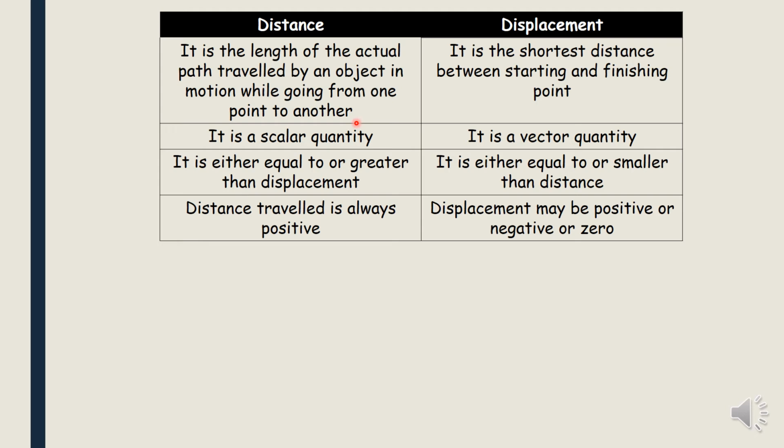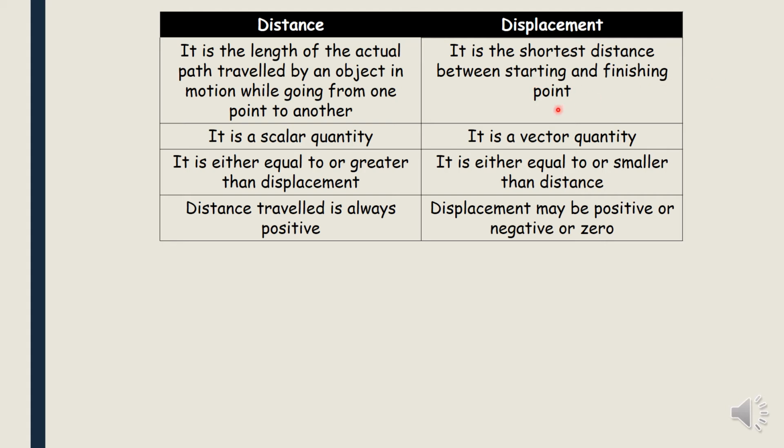Okay, so distance is the path length of the actual path traveled by an object which is in motion. त्यो एउटा object चाहिँ एउटा मोसनमा छ, मोसनमा छ भनेको चल्नु हो नि त, हैन? So it is going from one point to another. So त्यो दुईटा point को बीचको length लाई चाहिँ we call it distance. Okay, so displacement भन्दा चाहिँ, it is the shortest distance between the starting and the finishing point.